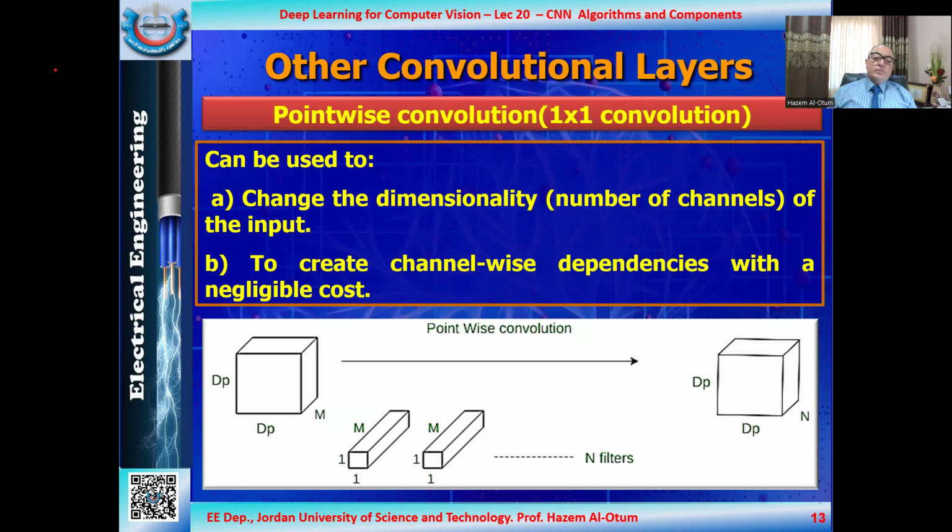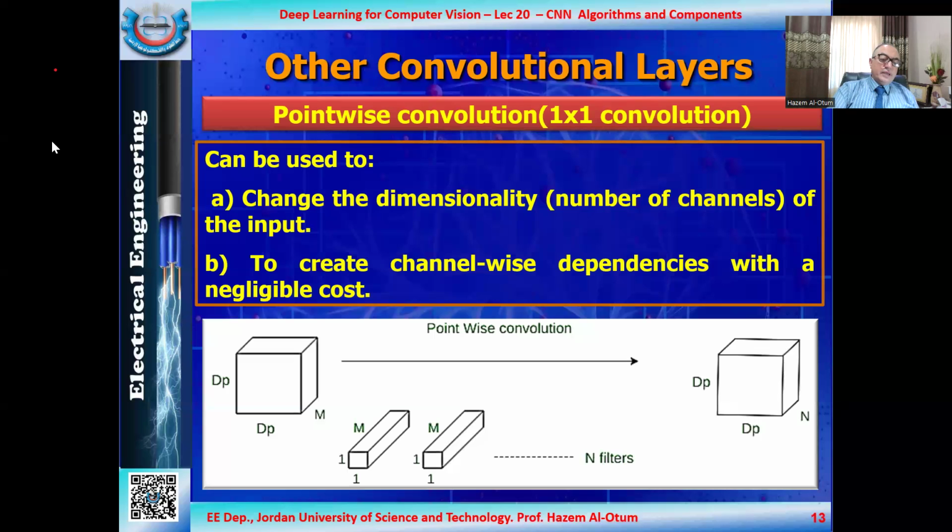So you can use one by one convolution to keep the spatial size as is, but by adding more filters, the 16 layers become 32 layers. This is the main idea behind using the one by one convolution. Also, it can be useful to create channel-wise dependencies at a negligible cost. It helps you to reduce the size of the calculations.